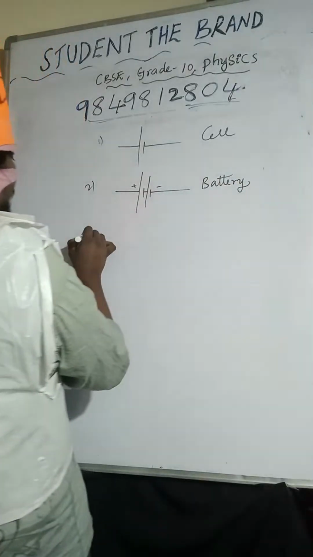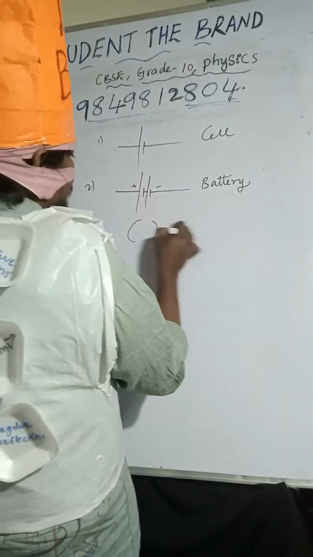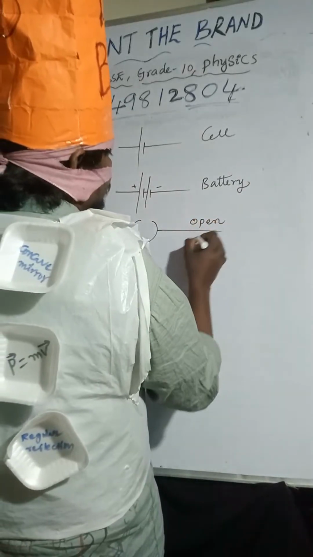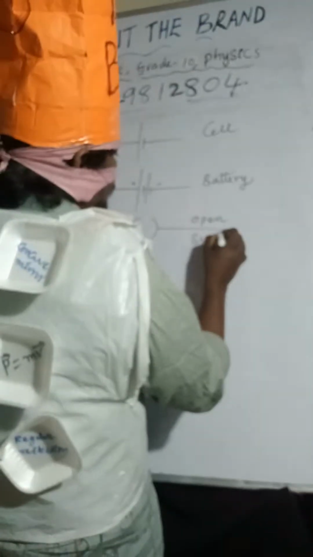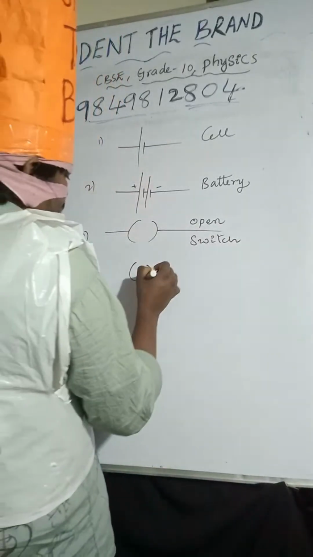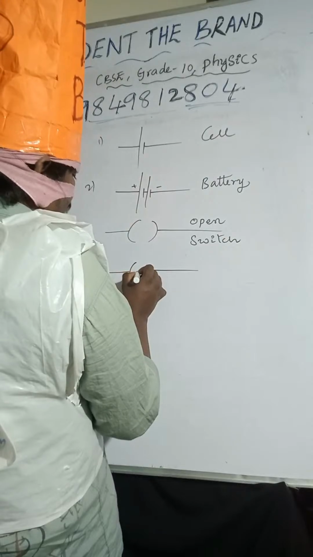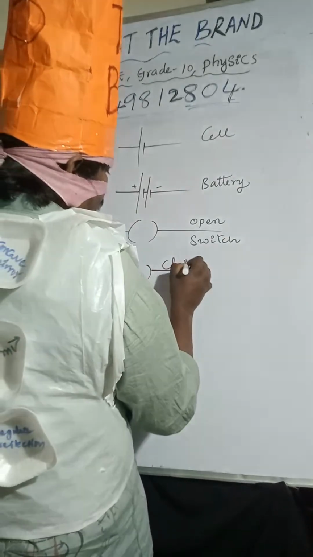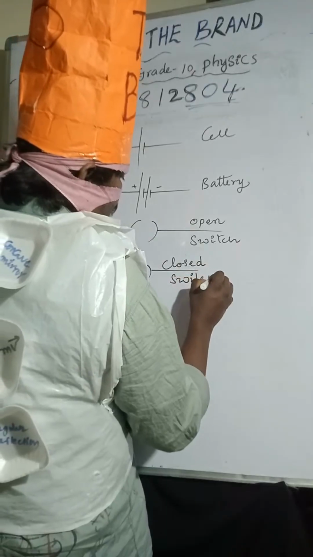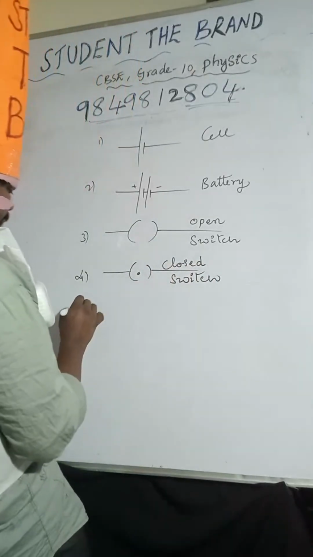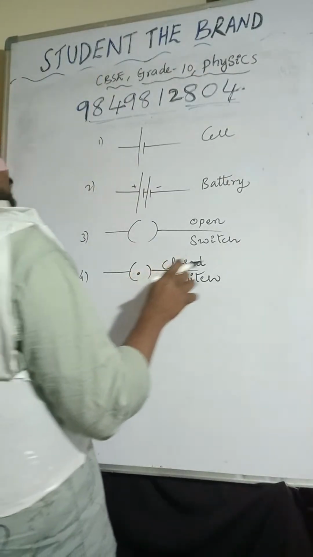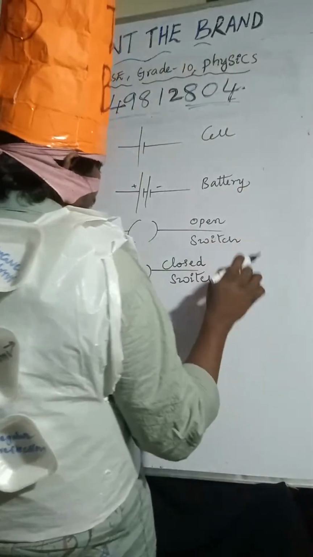Third, switch: open switch, and fourth one is closed switch. And fifth one is cell, battery, open switch, close switch.